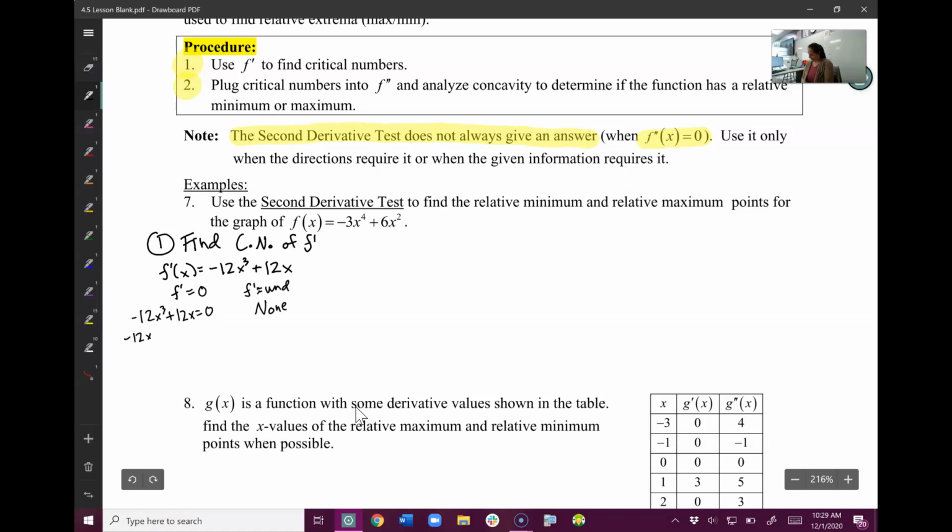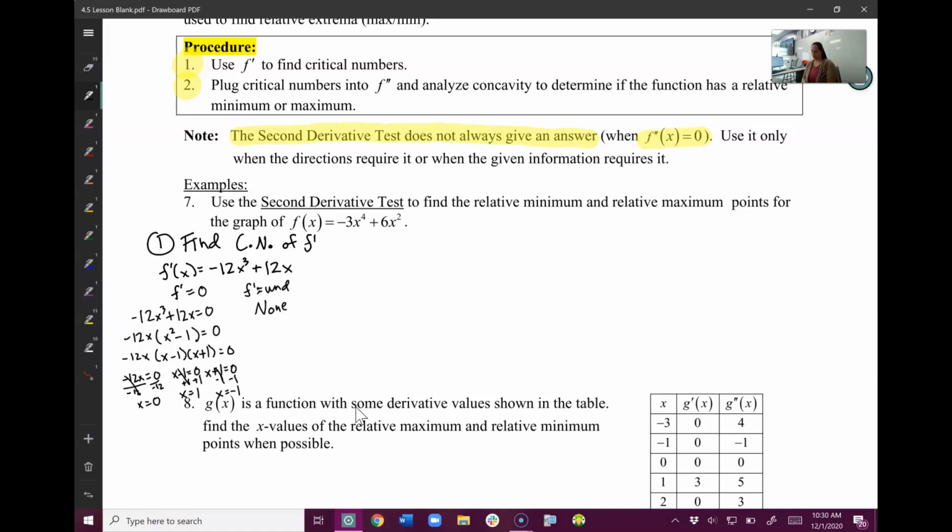So I'm going to take out our common factor, or GCF. Then that is a difference of squares, so I can factor that some more. Now I'm going to set all of these equal to 0 and solve them, so I get x equals 0, x equals 1, x equals negative 1. So those are my critical numbers.